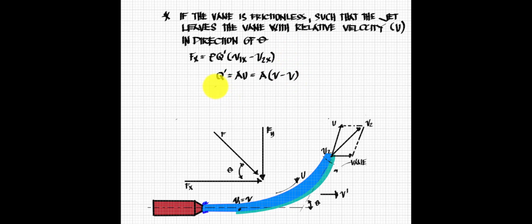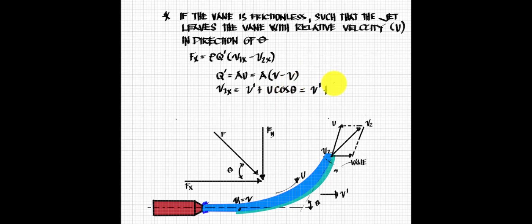So your v2 velocity, okay, that will be our velocity of the x component, is now equal to v1 prime plus the relative velocity of the jet times the cosine of theta, which is the angle here. So we can expand this one as velocity prime, or let's say velocity of the vane.